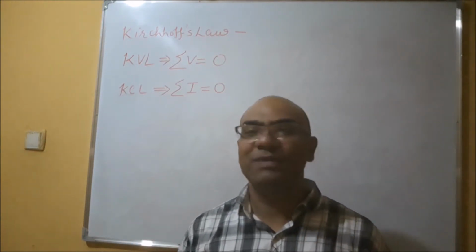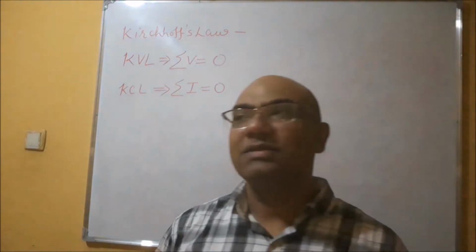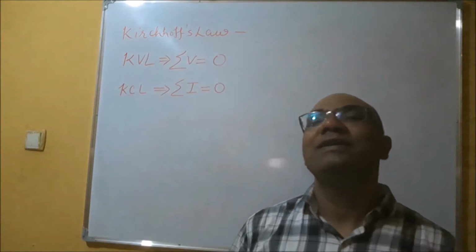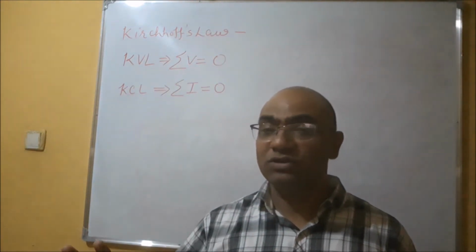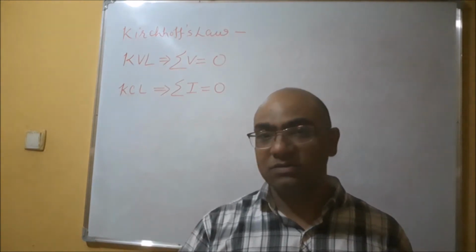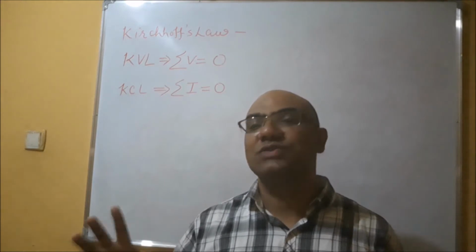But these sources may be AC type or DC type. In the beginning we will go for DC type, and hence we will study circuits having DC sources with resistance only.